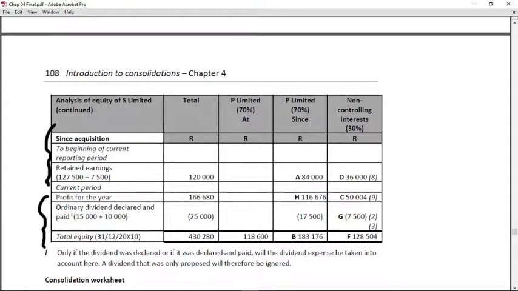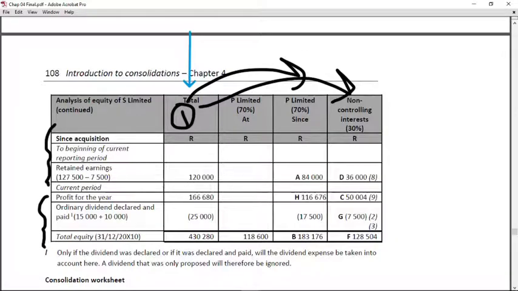In this analysis of equity, you are analyzing the total equity of the subsidiary, and you are calculating how much of that equity is allowed to be in the group first of all. That happens in your total column, and then second of all, how much of that is attributable to your equity participants of the subsidiary.